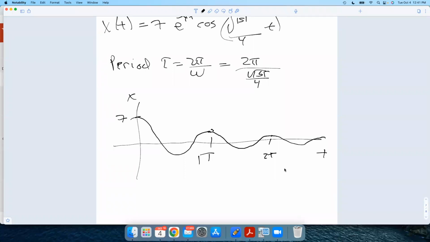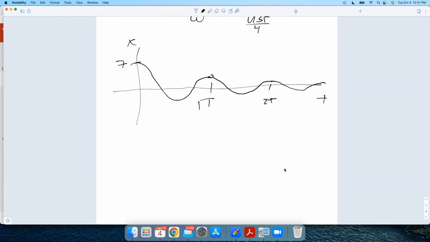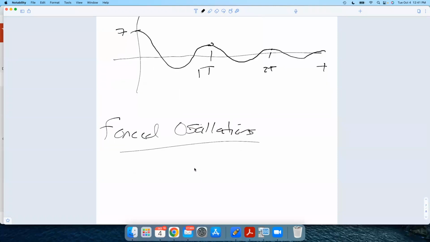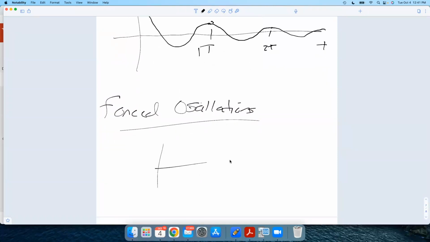Okay, so that's damped, underdamped, overdamped, and so forth. We can also have forced oscillations. So maybe you get this mass on a spring and an earthquake happens and the ground is shaking. Or maybe you've got some kind of motor on that mass that's making it go back and forth. So we could have everything we just had.